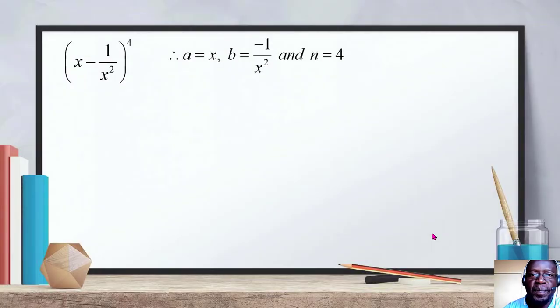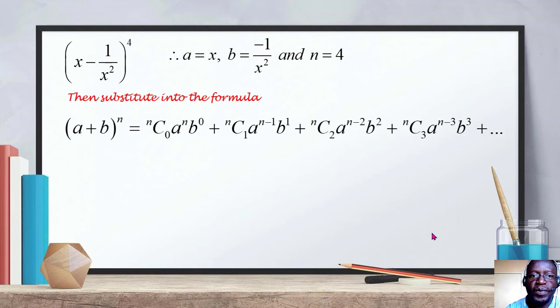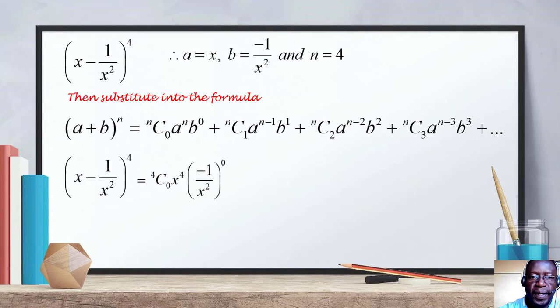After we've done our comparisons, we substitute these values into the formula. N is equal to 4, so we write down a 4, with 0 for that coefficient. A is x, so we've got x raised to the power 4, and b is minus 1 over x squared, raised to the power 0.